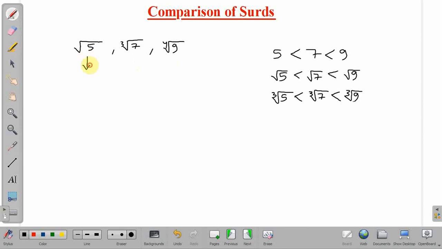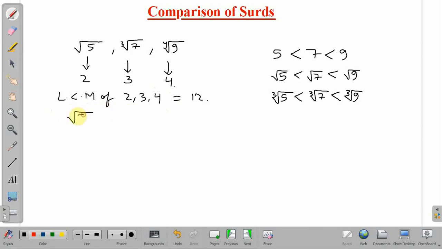See, the order of this surd is 2, of this one is 3, and of this one is 4. So we take the LCM of the orders of all the surds. LCM of 2, 3 and 4 will be 12. So we can write all the surds in the form of a surd having order 12.